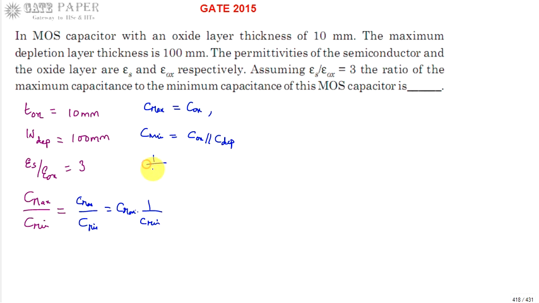So C maximum by C minimum can be written as COX into 1 by C minimum. So 1 by C minimum is equal to 1 by COX plus 1 by C depletion.